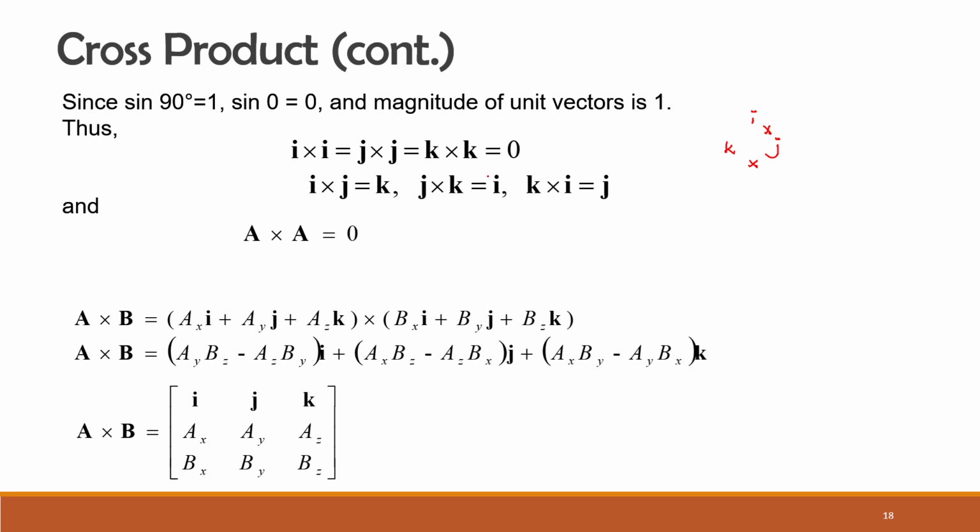To get component i, you close this column, so it is J cross K. Then you have a 2 by 2 determinant: you take the main diagonal and deduct the other diagonal, so AY times BZ minus AZ times BY. J cross K is positive i.